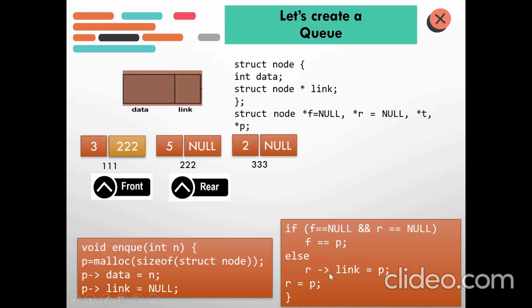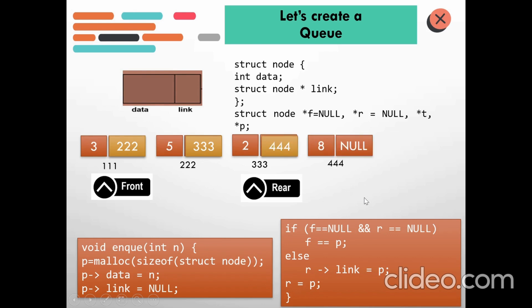So in this case also, remember that R currently stands at 222. So we are basically assigning the link part of 222 a value of P, which in this case is 333. So this 333 would come here and the rear would come here, because we are saying rear is equal to P, right?